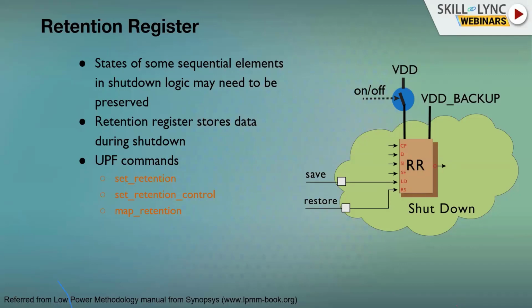Retention registers are like two kinds of flops internally built. One flop stores your value, and another flop computes the logic. So it has both supplies. If you see here, it has a VDD supply and a VDD backup supply. VDD backup will never go into off state, but we can switch off the VDD supply of the main register which is computing. It is mainly controlled with save and restore signals.